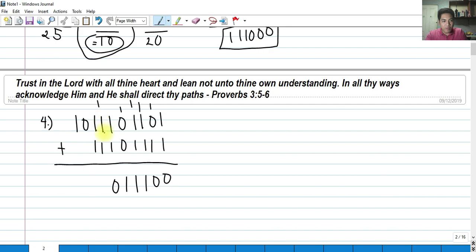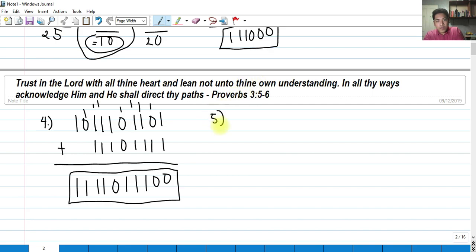Then 1 plus 1 plus 1 is 1, carry 1. Again 1 plus 1 plus 1 is 1, carry 1. 1 plus 0 is 1. Bring down 1. So our answer is 1, 1, 1, 1, 0, 1, 1, 1, 0, 0. This is our answer upon adding these two binary numbers.